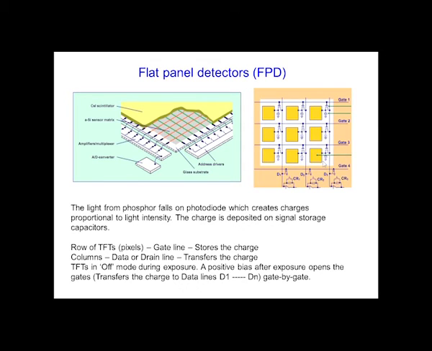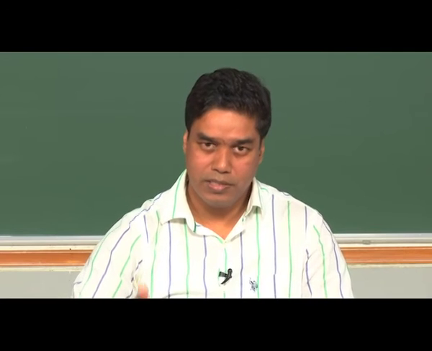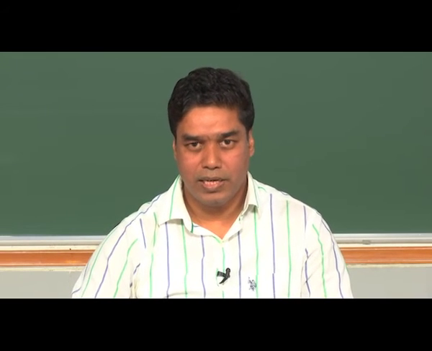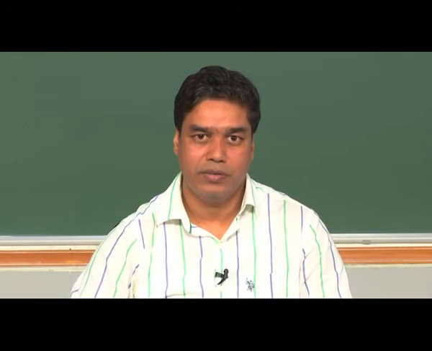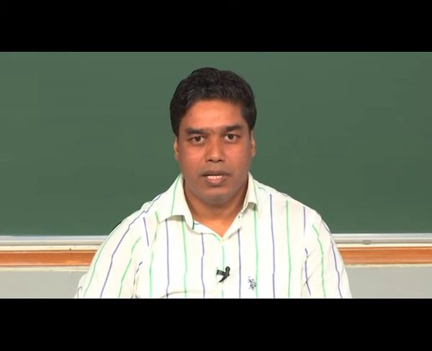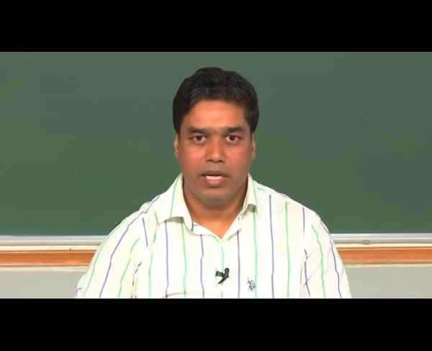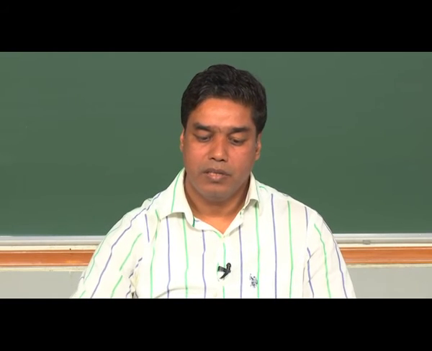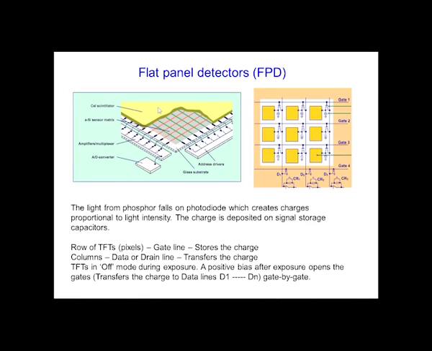So, this is how finally the charge will be transferred gate by gate through these data lines or drain lines, which will finally be sent to the electronics and the image processing unit, which will convert this electrical analog signal into a digital signal to form the digital image. Okay. So, this is how the flat panel detectors work to capture digital images from X-ray exposures.